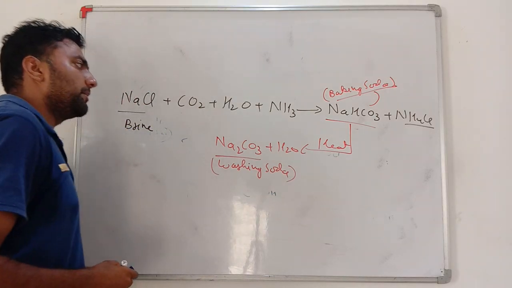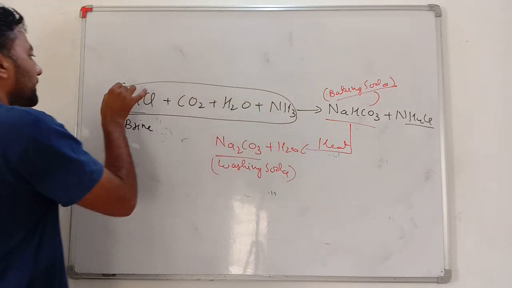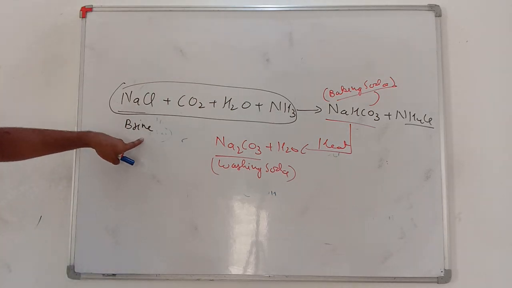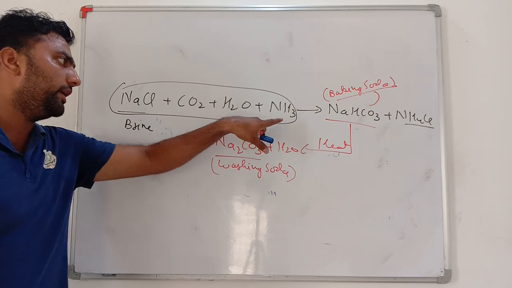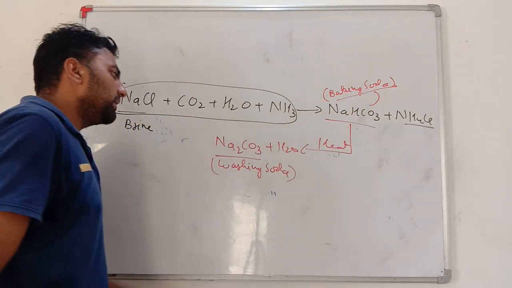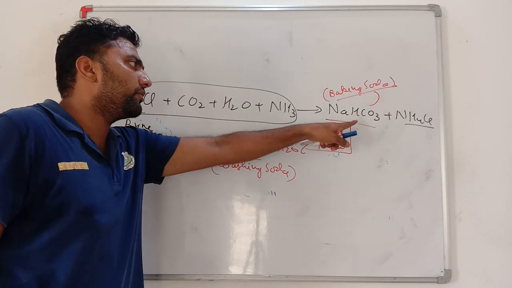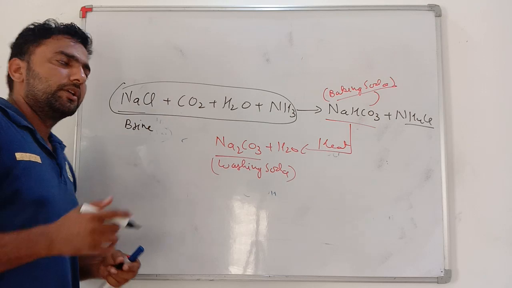Very important. See my dear student, from sodium chloride brine, when carbon dioxide gas is passed in the presence of ammonia, what we get is baking soda. We will see the uses of baking soda. And if sodium hydrogen carbonate is heated, we get Na2CO3, that is washing soda.